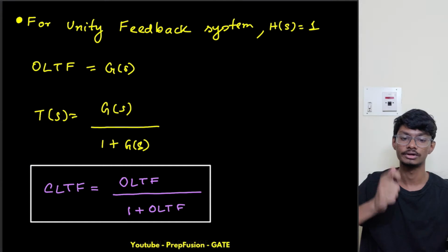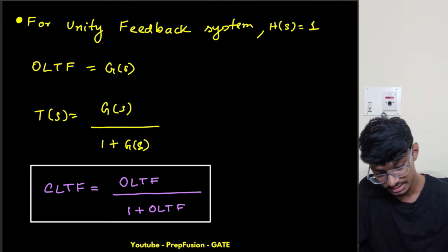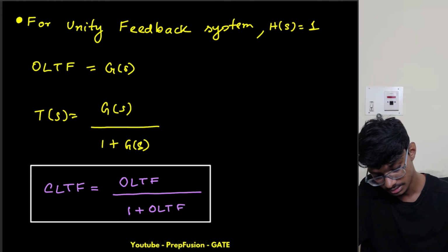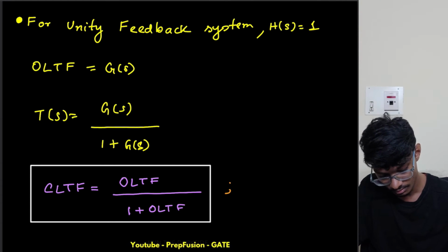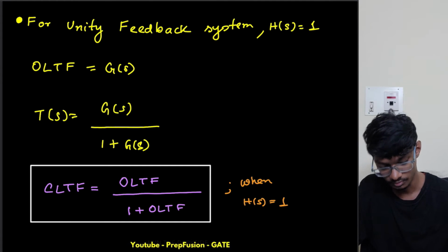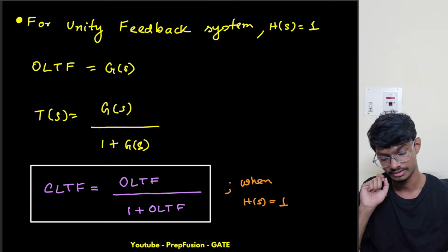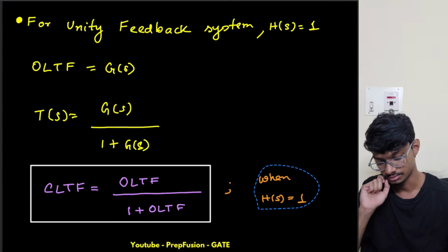CLTF equals OLTF by 1 plus OLTF, but the very important condition is H of s equals 1. Don't forget this.